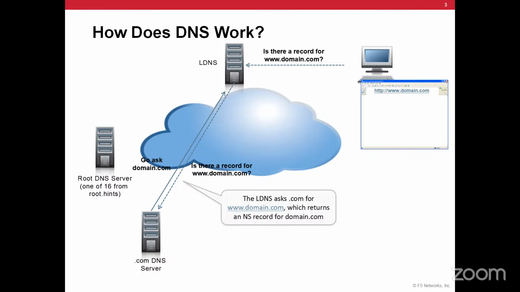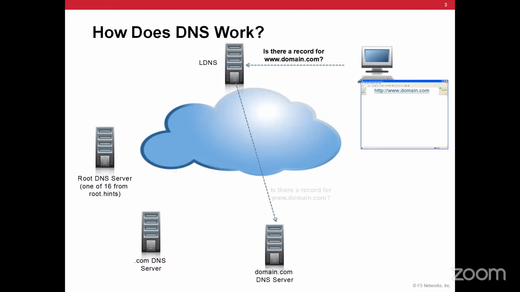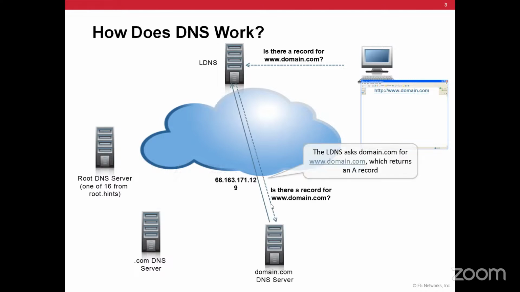This is the NS record, basically the name server record, which is the server that owns this domain. Whoever is the authorized DNS server for this domain, provided by the company. So the LDNS first sends the request to the root DNS server, then the .com server. From .com, it gets the information about the authoritative DNS server.